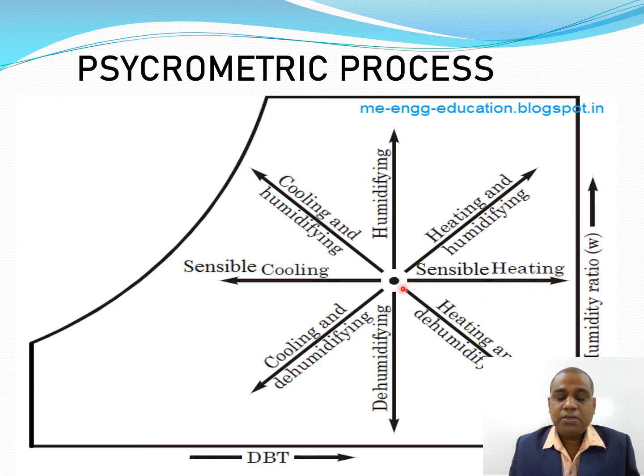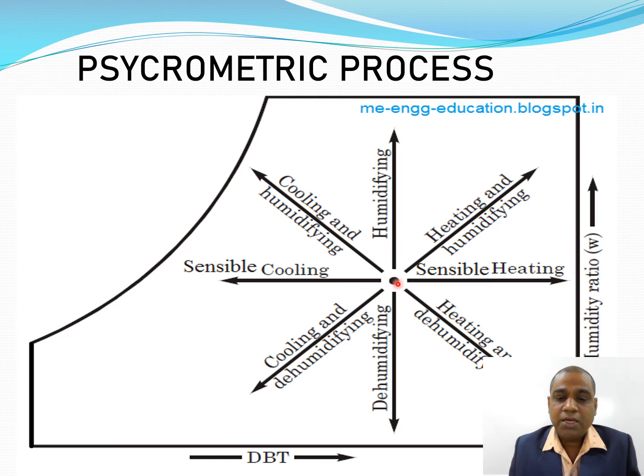In the same way, instead of using a heating coil, if we use a cooling coil, then what happens? The dry bulb temperature gets reduced.